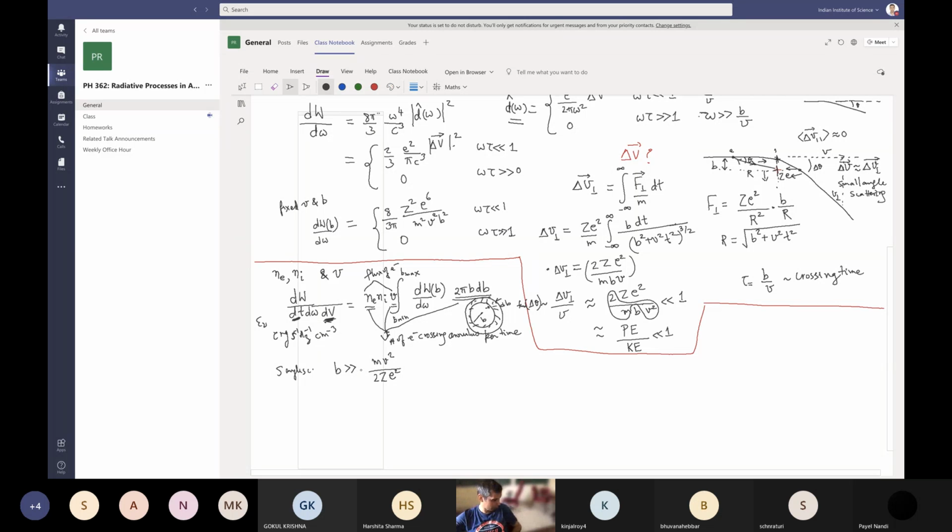So this is the value of B min. Oops, just a second. Am I doing it right? Right, so B min has to be, sorry, this is the inverse of that, my bad.